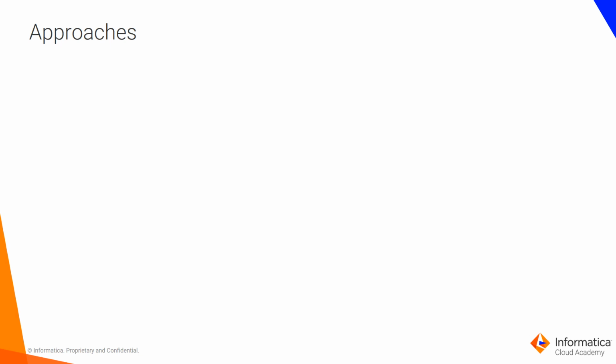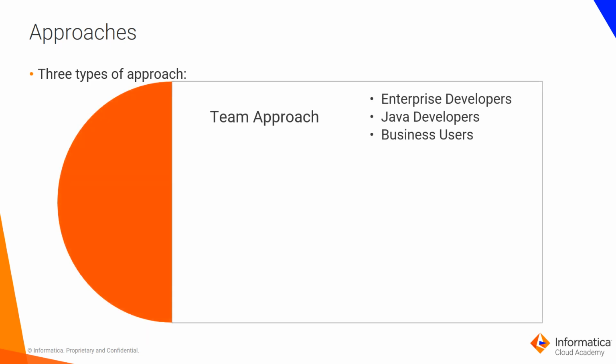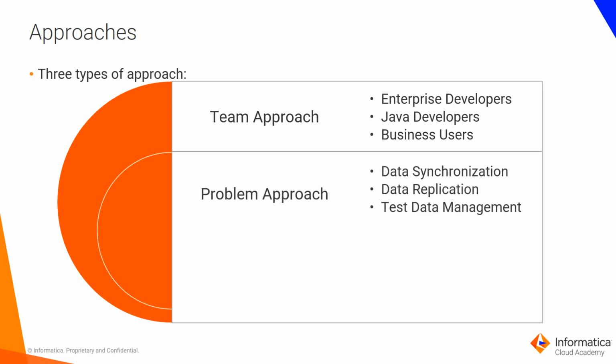Now, how can you solve the integration problem? There are three approaches to solve it. First is the team approach. This approach consists of enterprise developers, Java developers, and business users. Enterprise developers need to come up with common integration platforms. Java developers can work on cloud connectors, and business users handle the business app. Next is the problem approach.